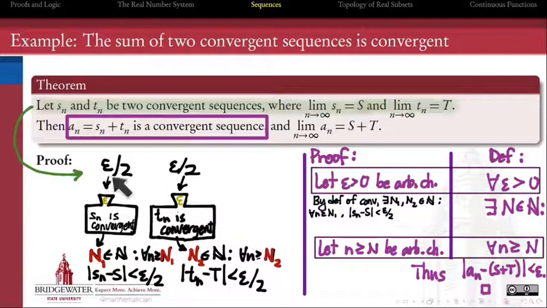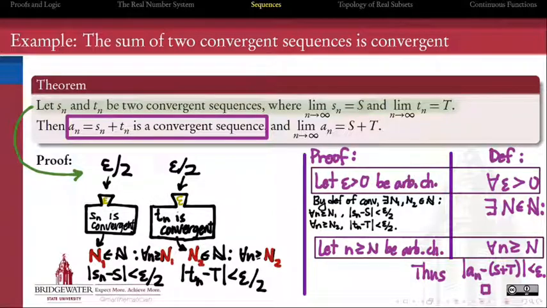Right? So there's where we produce n1 as part of this proof. And then for all n greater than or equal to n2, absolute value of Tn minus T is less than epsilon over 2. Okay? So there's where we've plugged epsilon over 2 into these machines, and the machines have given us the n1 and the n2.